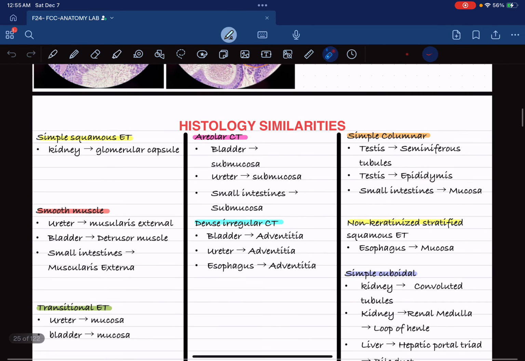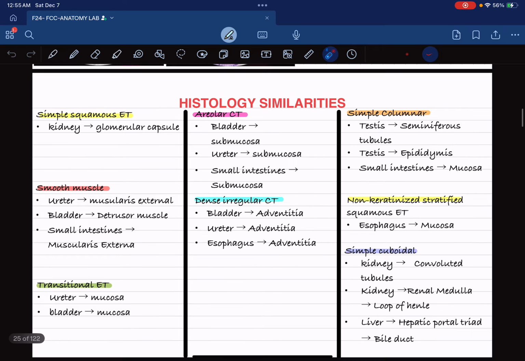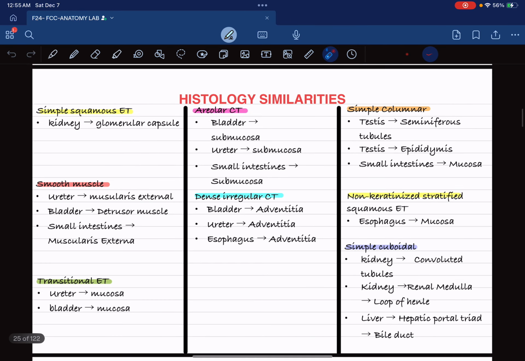Now I made this page not for all of the histology for lab exam 3, but it does include some of the digestive system, the urinary system, and the reproductive system. I found it helpful to have everything listed out, like you can find dense irregular connective tissue in the bladder or the ureter, and you know that it's in the adventitia.